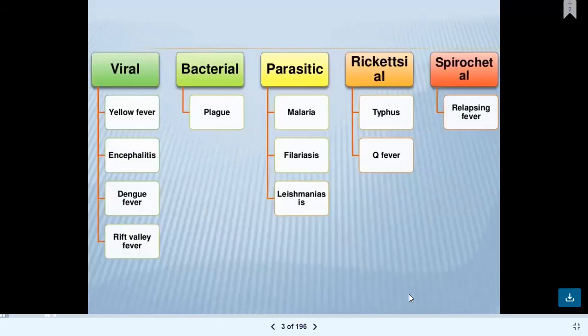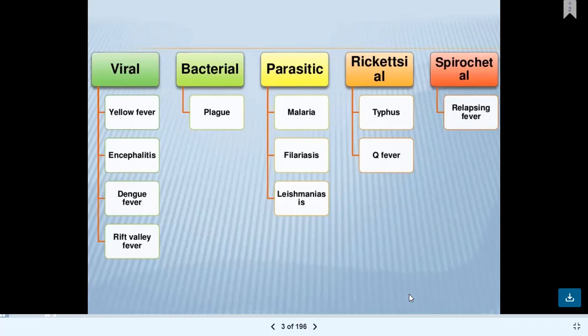And if we have to characterize the diseases, we can characterize them as viral, bacterial, parasitic, rickettsial, and spirochetal. Under this, the viral diseases include yellow fever, encephalitis, dengue fever, and Rift Valley fever. If we talk about bacterial, it's plague, and parasitic, malaria, filariasis, and leishmaniasis.